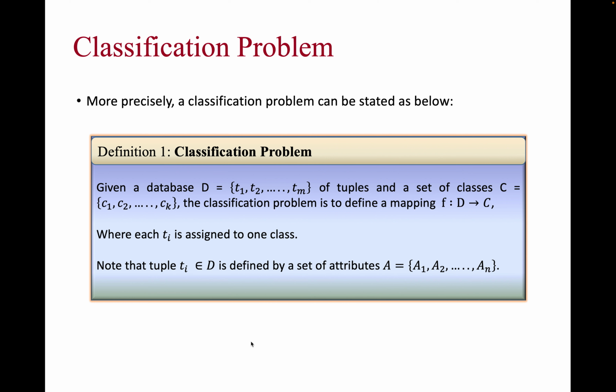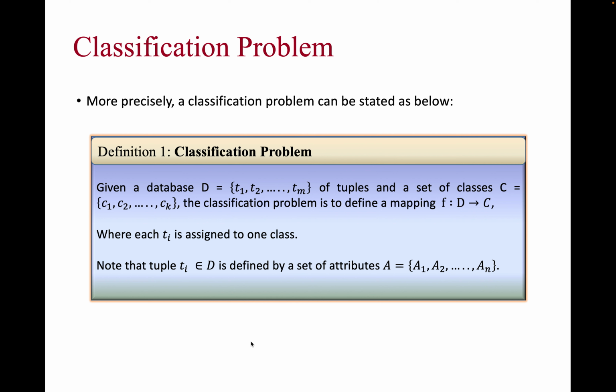Classification problem. More precisely, a classification problem can be stated as below. Definition 1. Classification problems. Given a database D, T1, T2 to Tn of tuples, and a set of classes C, C1, C2 to Ck, the classification problem is to define a mapping function D to C. ठीक है, basically you have to map a database में से to the class.